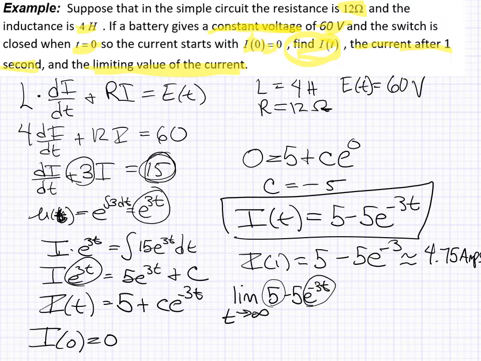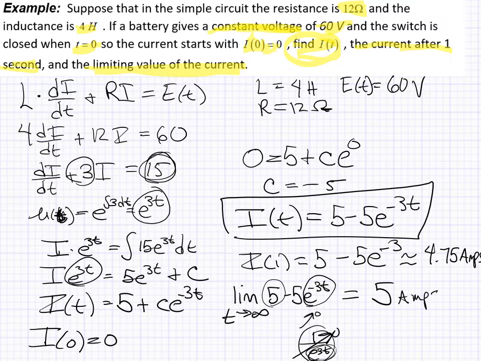This thing right here, as t goes to infinity, since it's got a negative exponent, this thing's going to go to 0, okay? Because really this is 1 over e to the 3t, and so the denominator is going to get very, very big, making the whole fraction go to 0. So essentially the limiting value here is 5. So the current's going to top out at 5 amps.